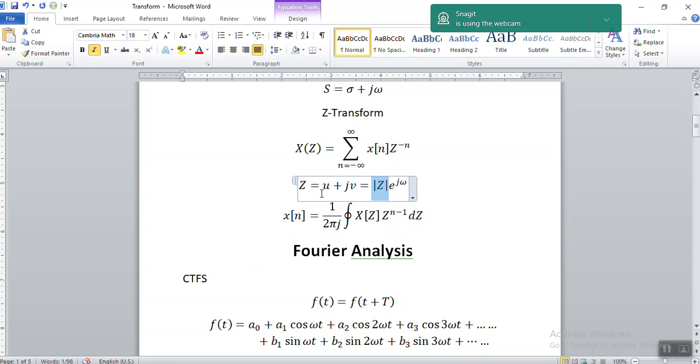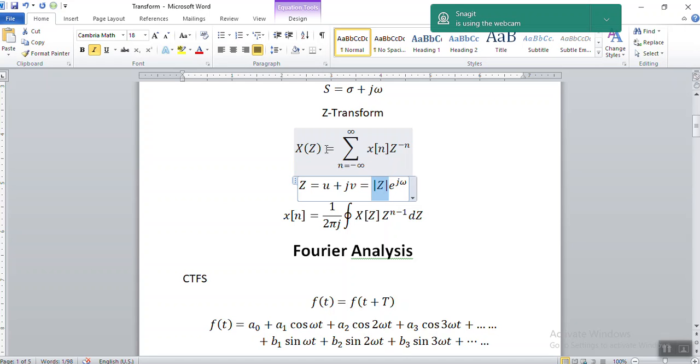So z equal to 1 into e to the power j omega means that if we evaluate the Z transform only on the unit radius circle, then it is nothing but the DTFT of the signal. So the relationship between Z and DTFT is z replaced by e to the power j omega, that means the Z transform evaluated on the unit radius circle is the DTFT.